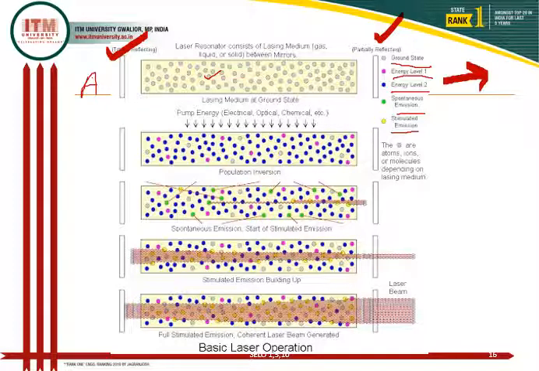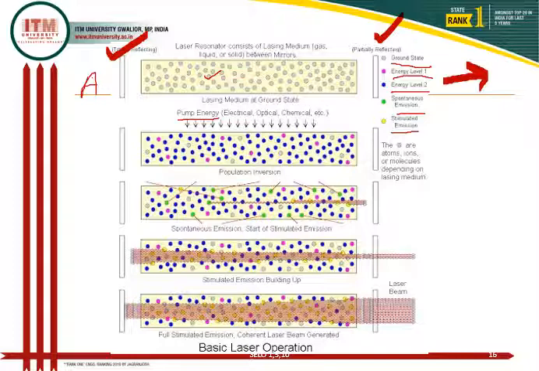Now we apply pump. We pump the system using energy. Pumping may be electrical, optical, chemical, as we have discussed in the previous slides. Due to this pumping, you can observe here different colors, not green.